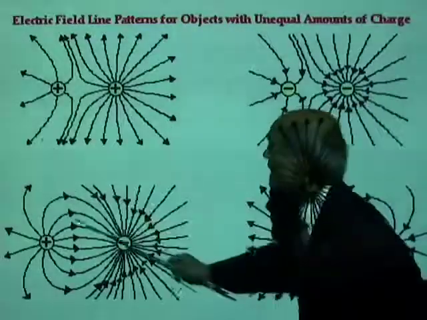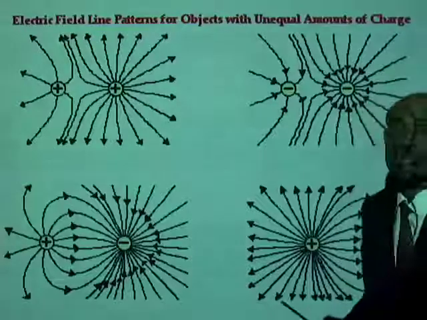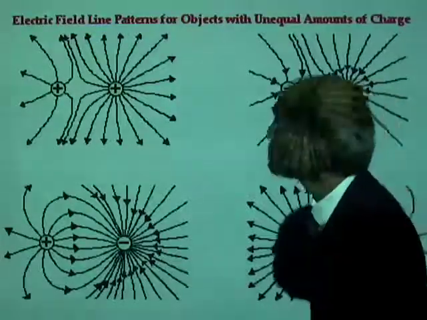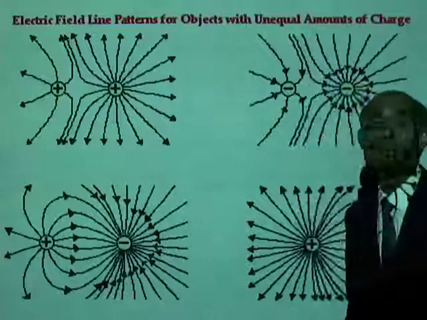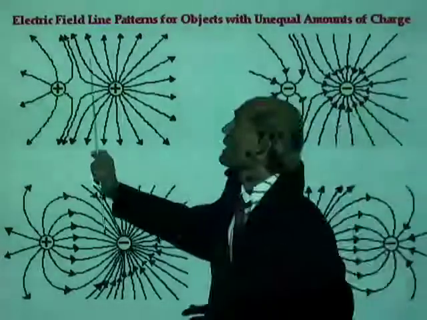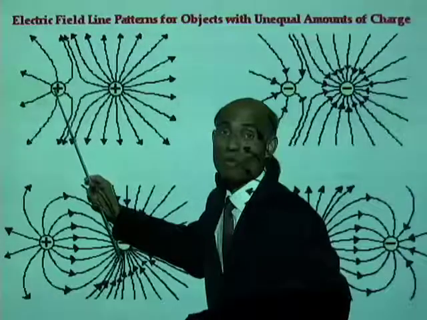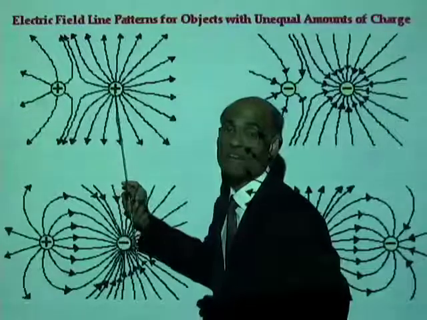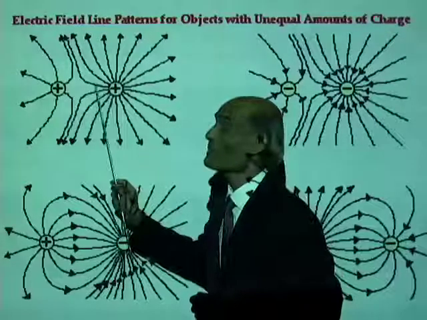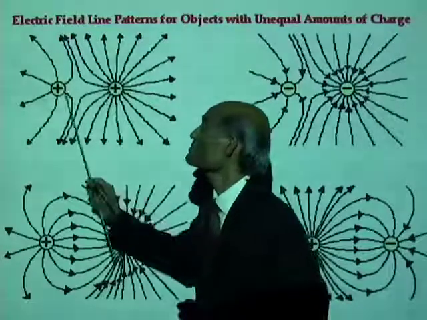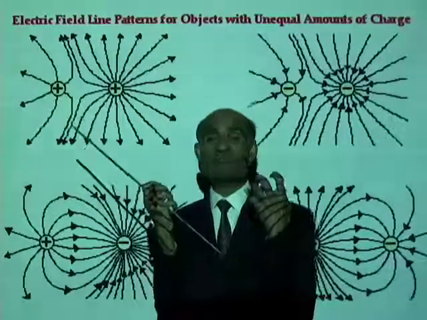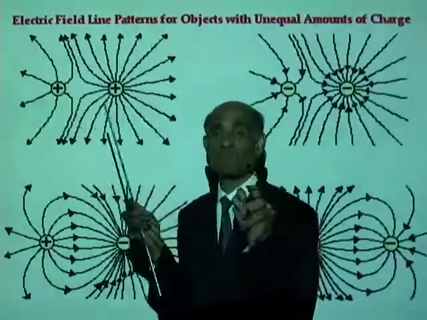Look at, I have got some systems in here, and see whether you can understand these field representations. Look at this one. Here I have one positive charge and another positive charge. Can you tell me what is the difference between these two charges by looking at the field lines?